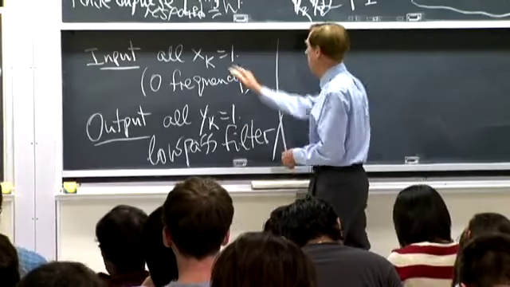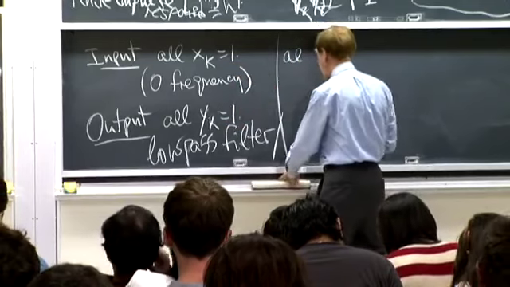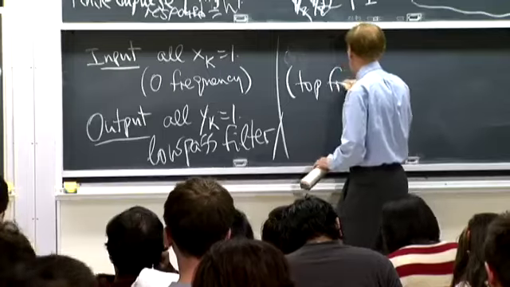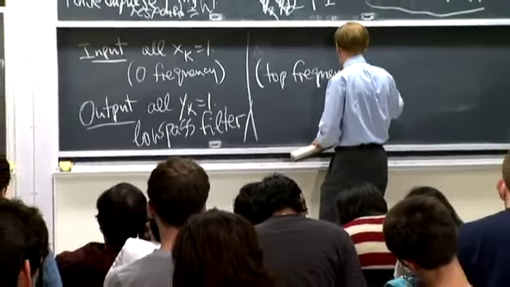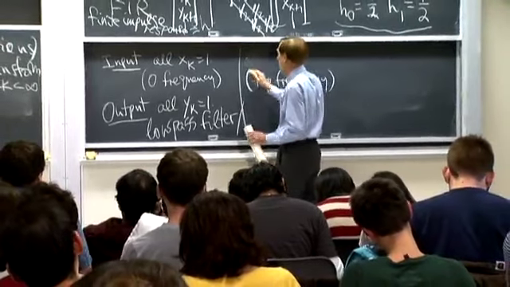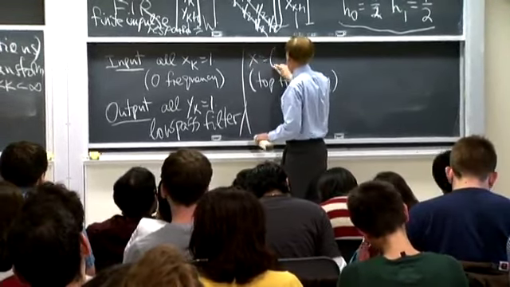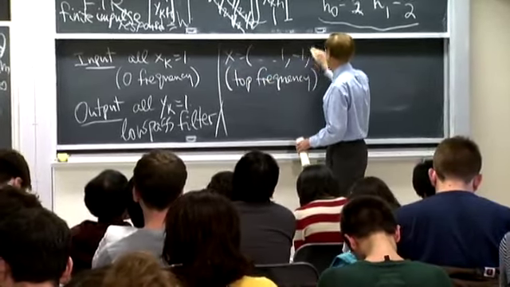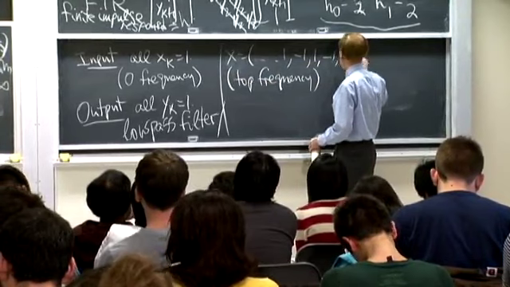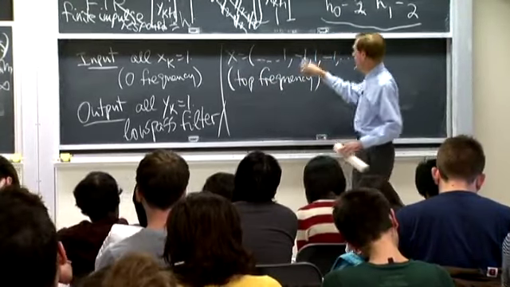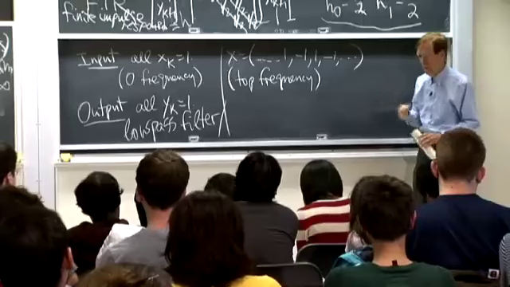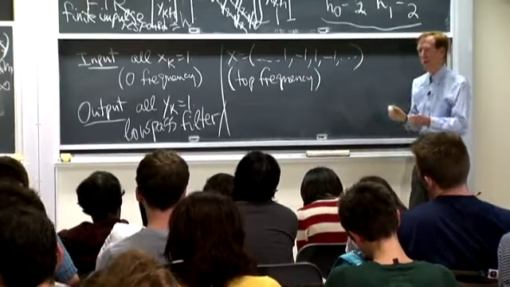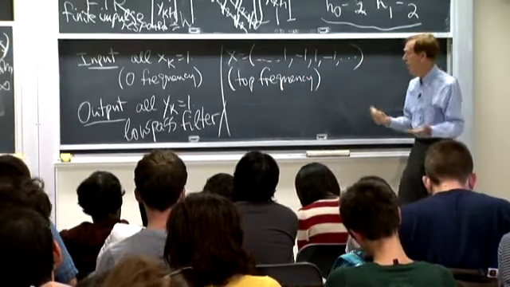Now, what about another input, now I want high frequency, top frequency. The highest oscillation I can get would be x equal, say, it starts 1, minus 1, 1, minus 1, and so on, in both directions. Oscillating as fast as possible. I couldn't get a faster frequency of oscillation in a discrete signal than up, down, up, down. What's the output for that?